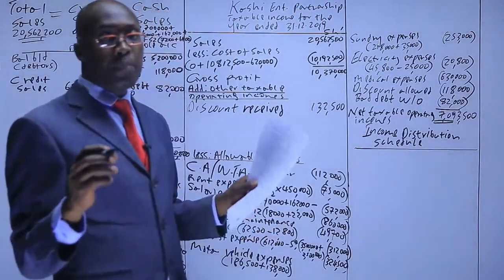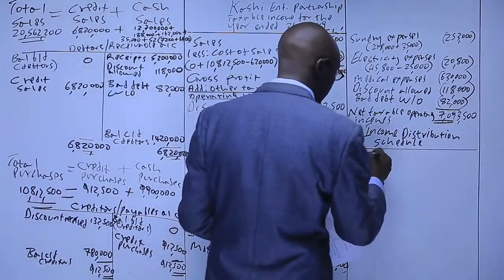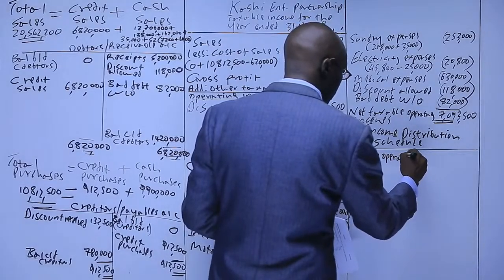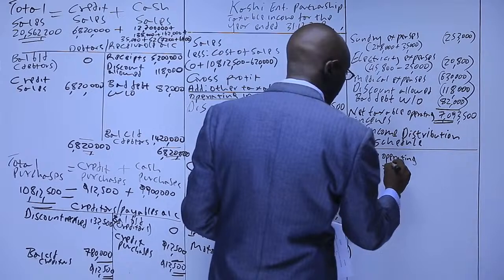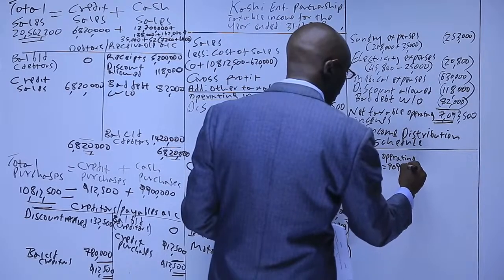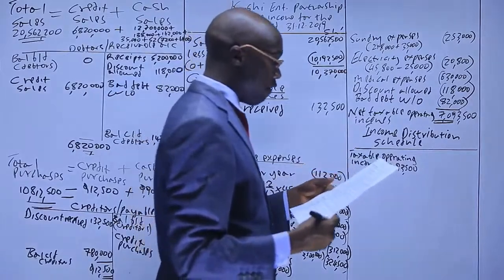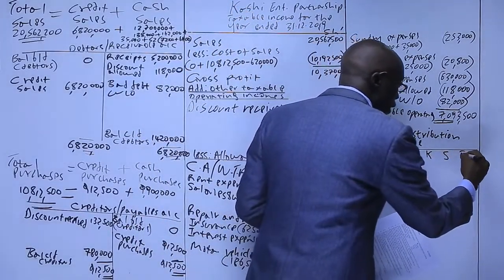We start by distributing the operating income. So we will start with taxable operating income, which is the one that we have determined here, 7,093,500. And then now we list the partners that we have, which we have Karimu, Shika, and now the totals.